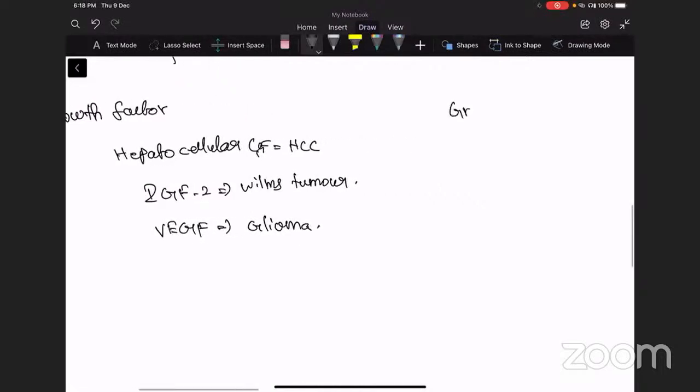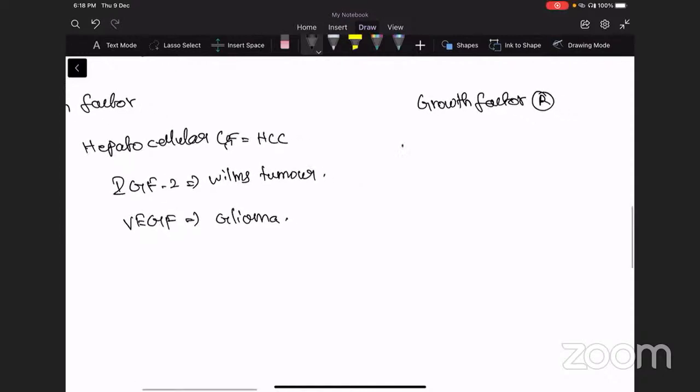It can be because of a growth factor receptor mutation, HER2/neu.